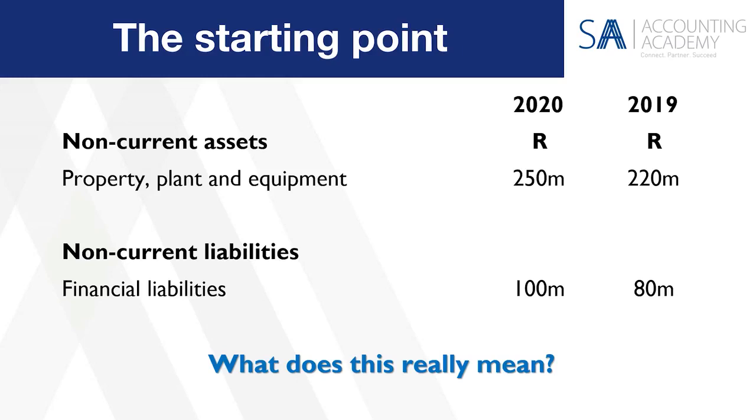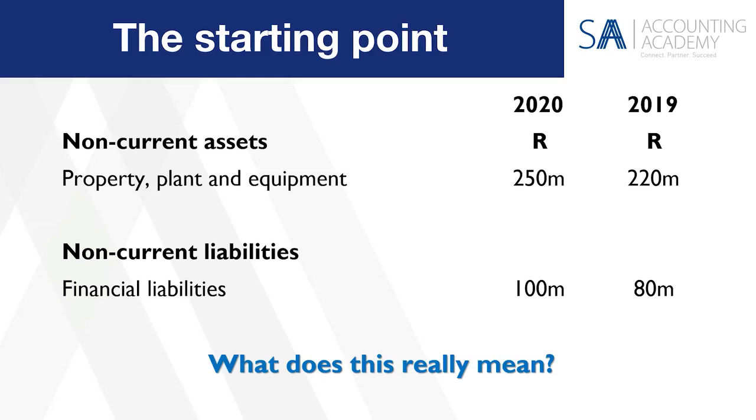So from that 250 million, we can safely assume that we'll be having future economic benefit inflows of at least 250 million rand. The opposite to that lies in the financial liabilities, where we know that our settlement of our present obligations in future will lead to at least 100 million rand outflow in future economic benefits.